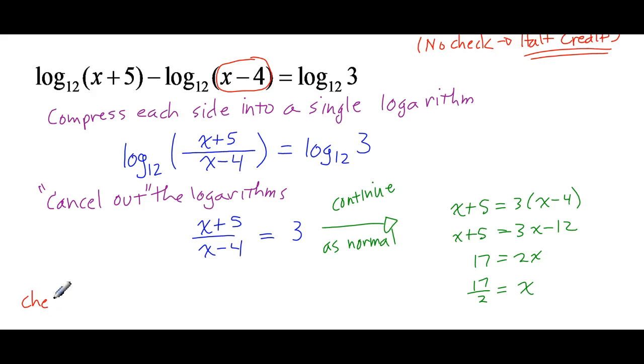The check down here is to take 17 over 2 and plug it back into the original equation. So I'm going through the original equation. Every place where there was an x, oops, I almost wrote plus, every place where there was an x, I'm putting in 17 over 2 instead.